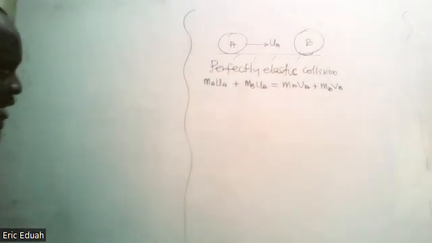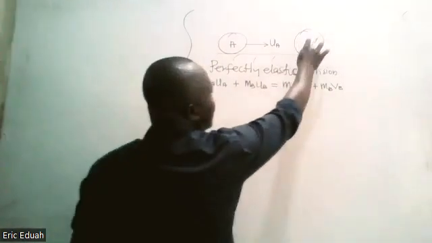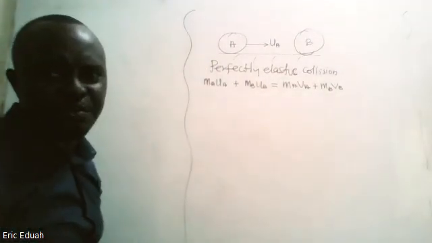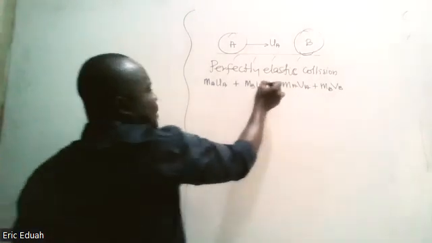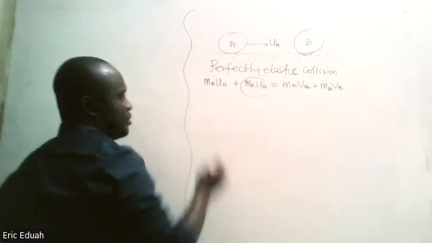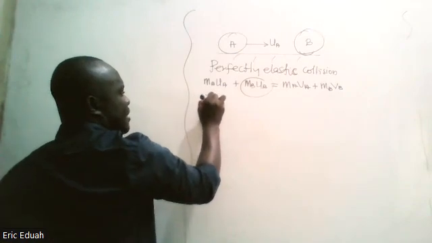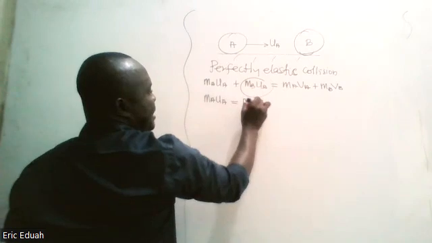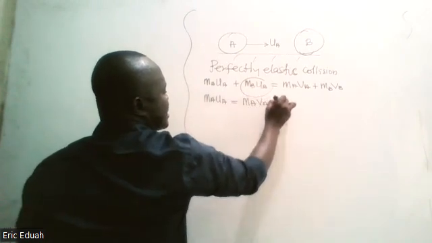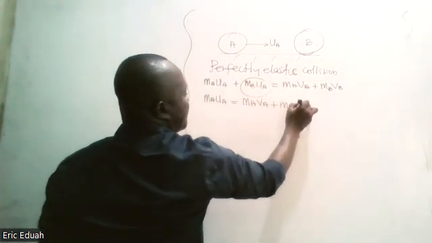Now, fortunately for us, we are told the initial velocity of B is 0 because B initially was stationary. So this part goes to 0. So MA UA is equal to MA VA plus MB VB.